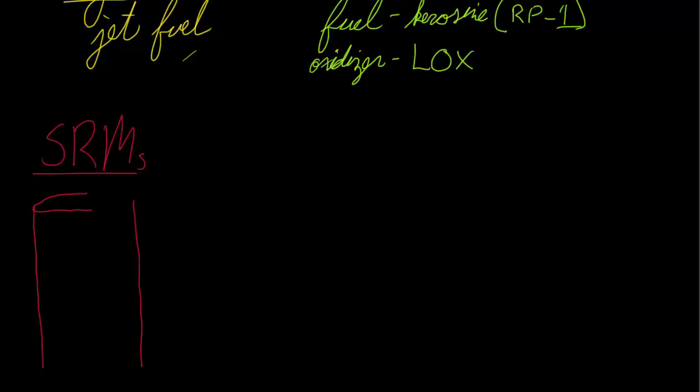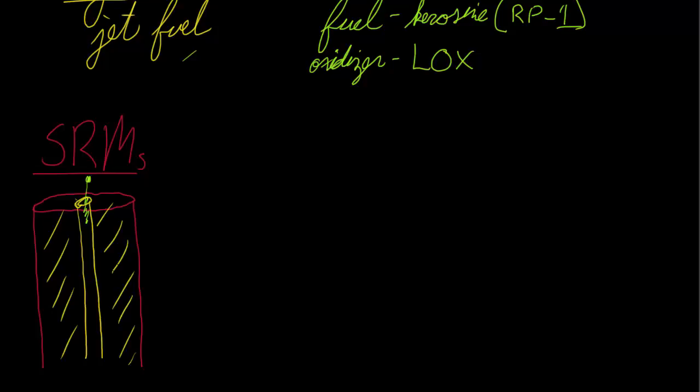This is the cylindrical solid rocket motor, and a solid rocket motor basically has propellant going down the sides of its walls. They leave an opening on the inside so that when a spark is conducted at the very top of the rocket, all of this propellant on the sides, which is solid propellant with our oxidizer and our fuel source solidified, burns.